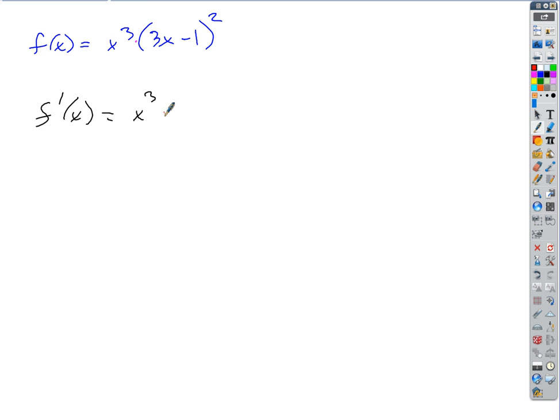The square is 2 times the inside, which will give us 6x minus 2. Okay. But we're not done. Times the derivative of the inside, which is 3. Okay. Plus v du, so I've've got v times the derivative of u.